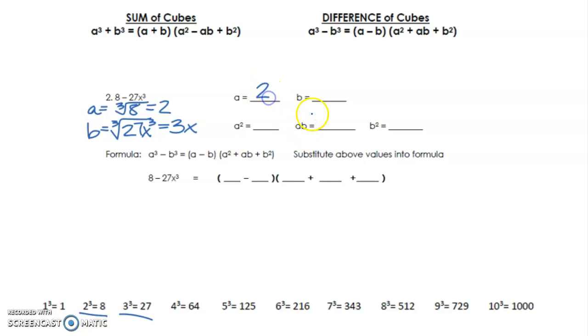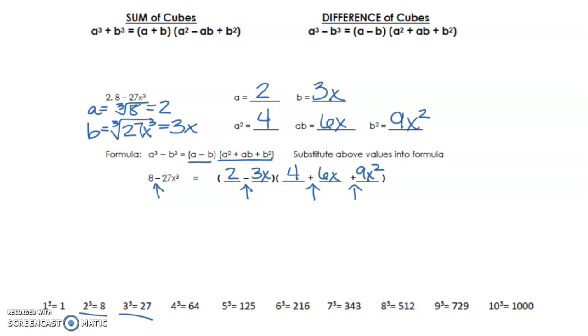So b is 3. I have a squared plus ab plus b squared, times this, and I have the sign, the opposite sign second, 2 minus 3x squared. So 4.